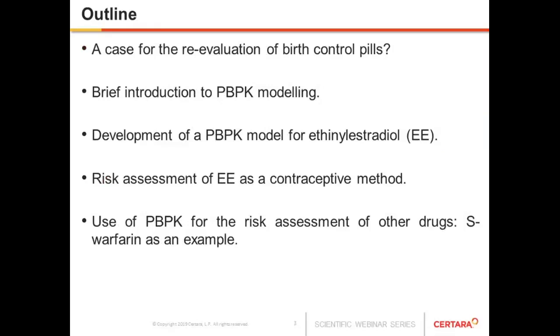And then afterwards, I'm going to go into the risk assessment that was carried out for EE as a contraceptive method. And then finally, because the title of the topic was risk-benefit assessment of drugs, I figured it might be useful to add another example whereby we use PBPK to do a risk assessment. So I'm going to use just a couple of slides on the risk assessment we carried out for S-Warfarin. Okay?